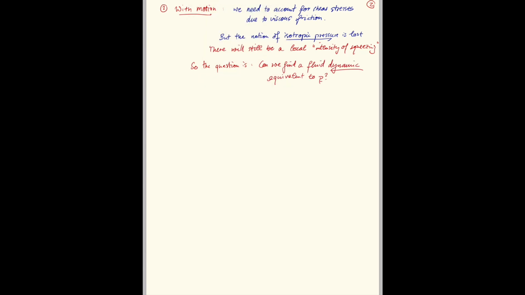And yes, we can. Basically, we'll define P now as the mechanic pressure using the trace of the stress tensor. So consider the trace of T, which is just Tii, i.e. the sum of normal stresses.